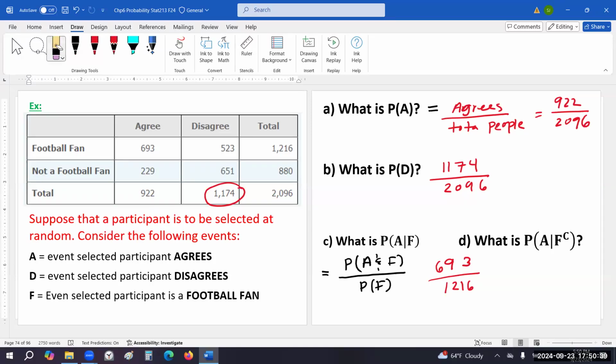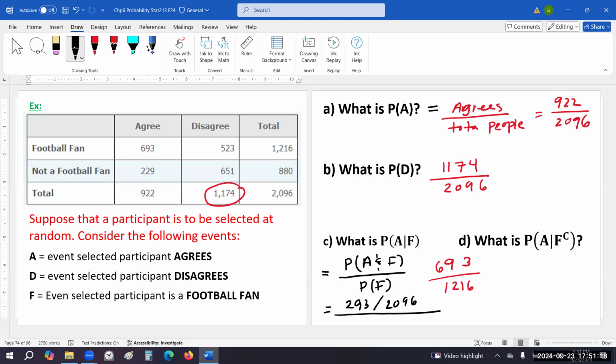So if you do it this way, agree and football fan is 693 over this. I'm showing you the details. 693 over 2096. This is the definition, right? Conditional probability of something given something is probability of their intersection divided by whatever already happens.